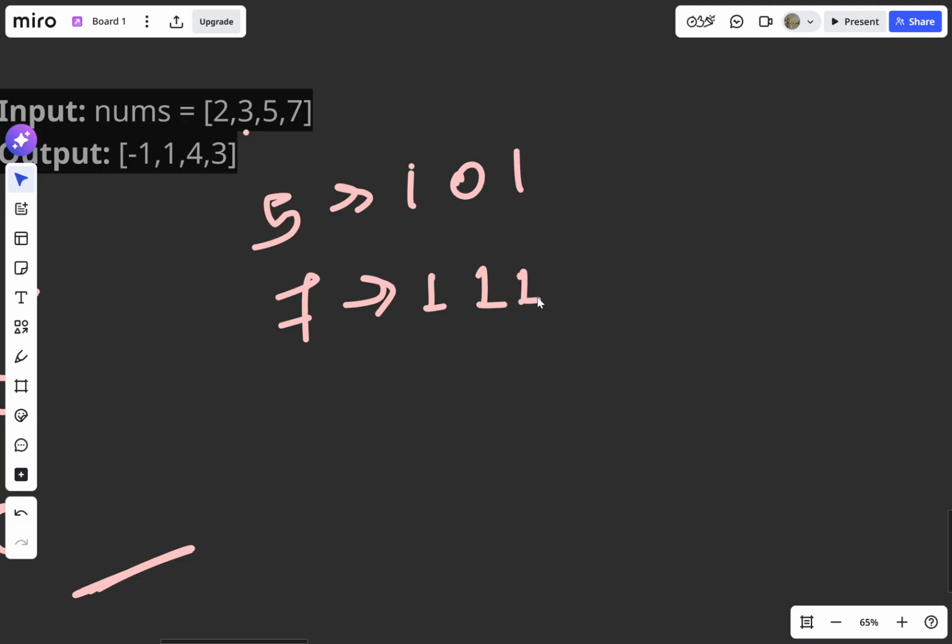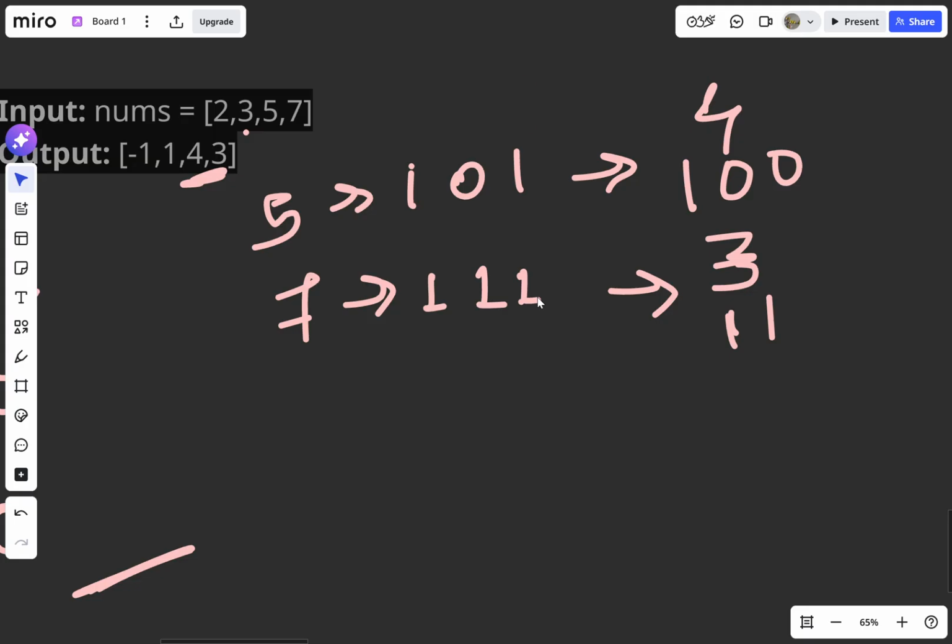Now we have 4 and 3 as answers. The binary representation of 4 will be this, and the binary representation for 3 will be this.